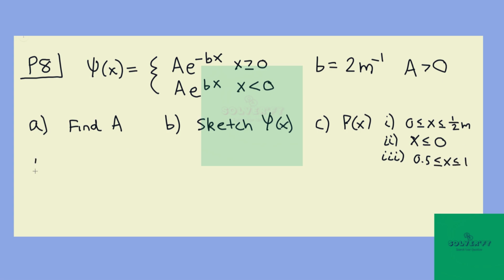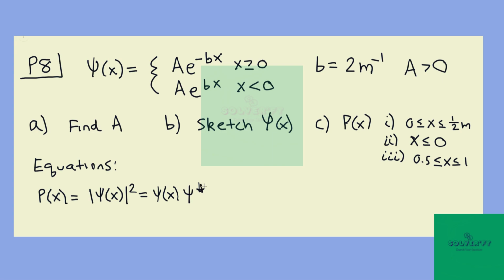The only real equation that we'll need for this is to make note that the probability density function is defined as the complex square of the wave function, which normally, in the most general case, is the wave function multiplied by its complex conjugate. But in this case, we don't have any complex valued anything to worry about, so we can simply square the wave function.